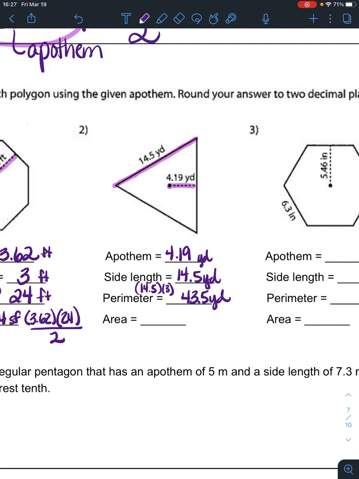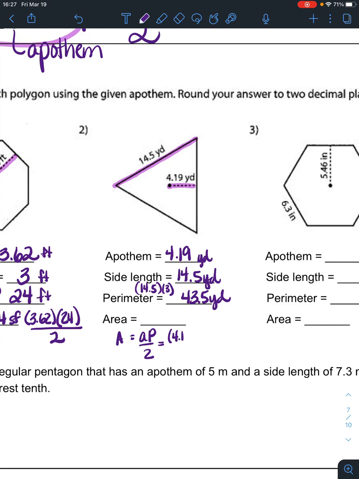Now, again, notice this is a triangle. Now, there are lots of ways we can do a triangle, but in this case, you don't know the height. There's not a way for you to find the height. Well, there's a way to find it, but it's not easy. And so you want to use the information that you have, the apothem and the side length, and use this formula. So you would have area is AP over 2.